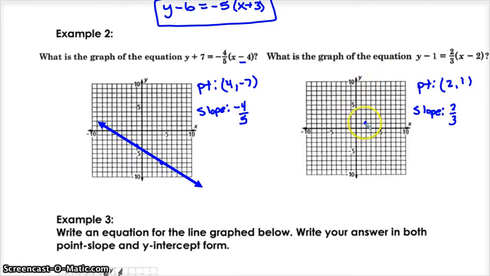I move my slope up 2, 1, 2, and then to the right 3, 1, 2, 3. I've got 2 points, and that's enough to make a line, so I'm going to draw a nice line through there. Make sure you are using a straight edge when you do these graphs so we can have nice, neat lines.